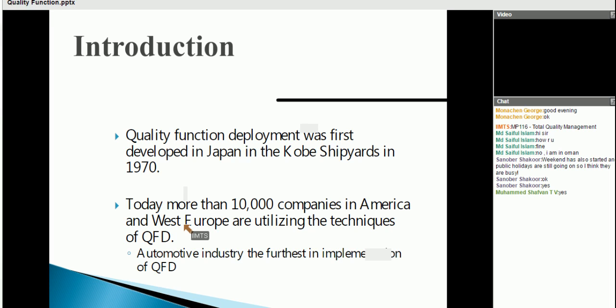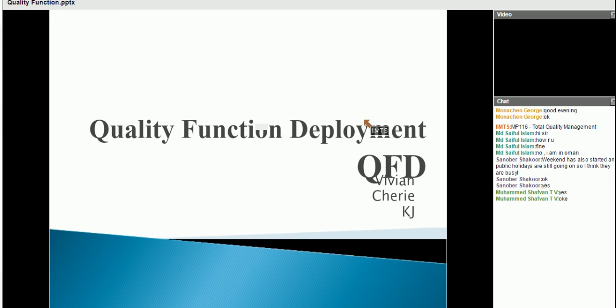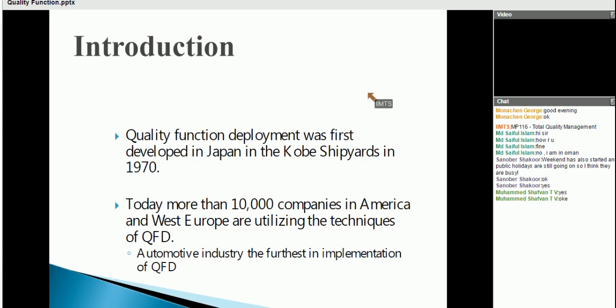Shafwan, the topic that we are studying today is quality function deployment, also known as QFD. We have just started, and I was going through the introduction. QFD was first developed in Japan in the Kobe shipyard in 1970, and today more than 10,000 companies in America and West Europe are utilizing it.